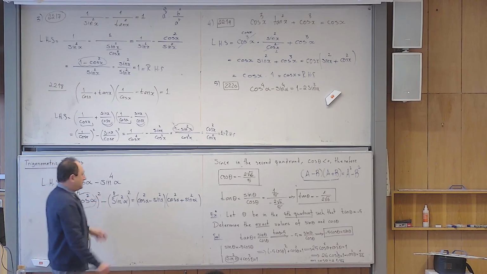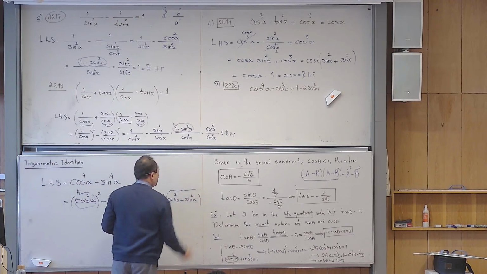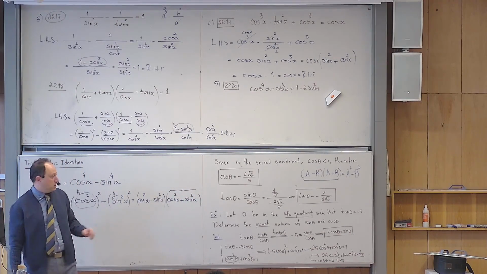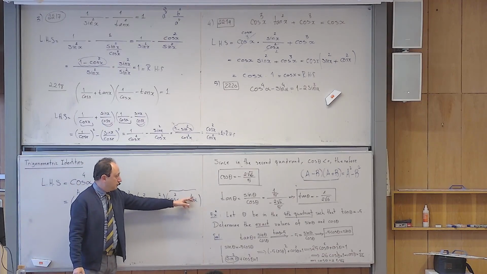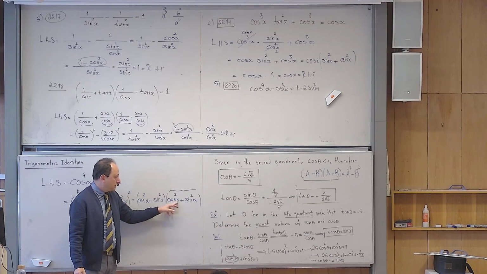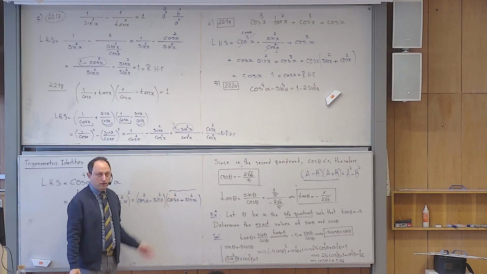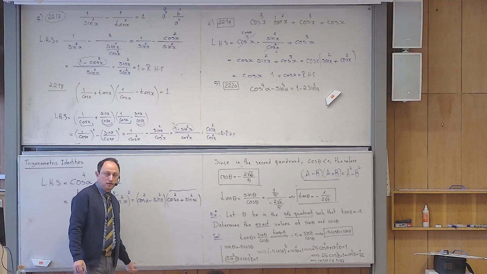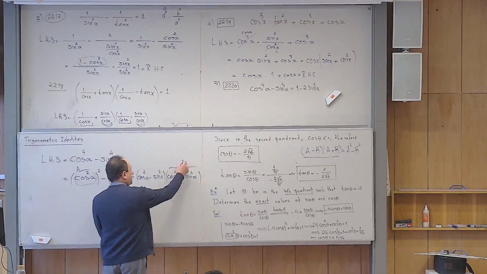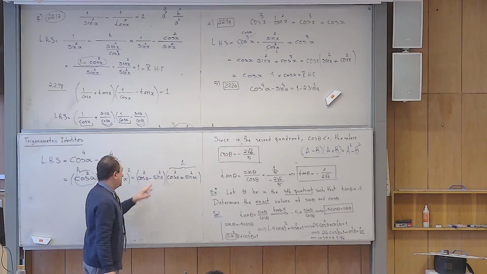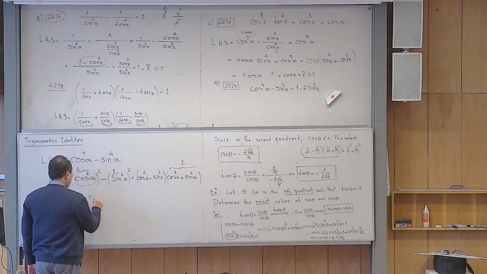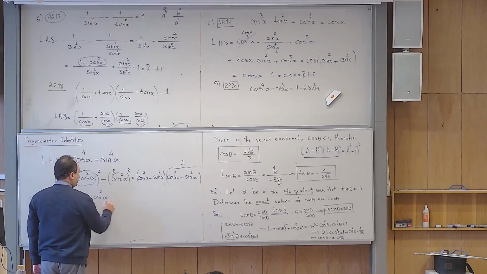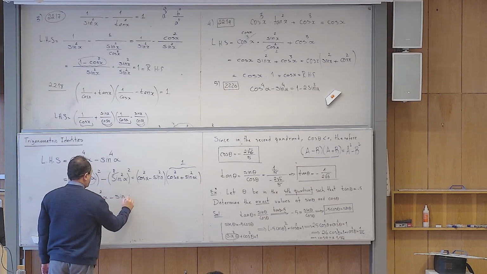Because suddenly the familiar guy appears: sine of an angle to the power 2 plus cosine of the same angle to the power 2. You know the answer to this. What is that? 1. So you just write 1, and you multiply, and it becomes cosine alpha to the power of 2 minus sine alpha to the power 2.